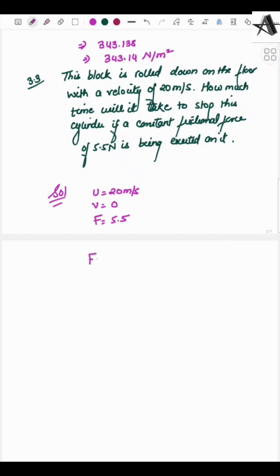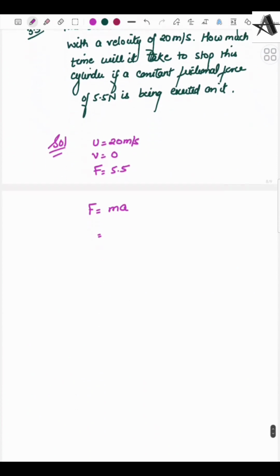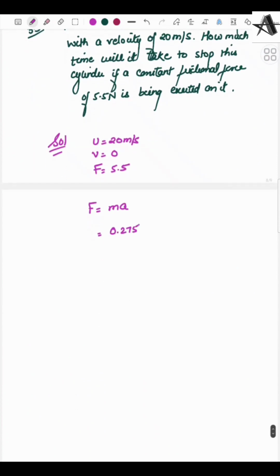So I'm just applying F is equal to mass times acceleration. Mass we just calculated, we have the value of mass, it was 0.275. Acceleration is change in velocity over time. 5.5, change in velocity, that means v minus u over t. So 5.5 is equal to 0.275, final velocity is 0 and initial velocity is minus 20, over t.